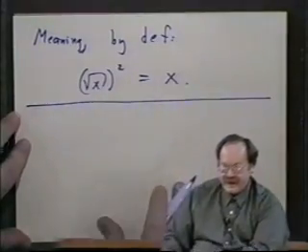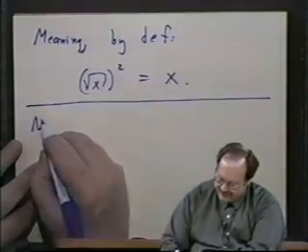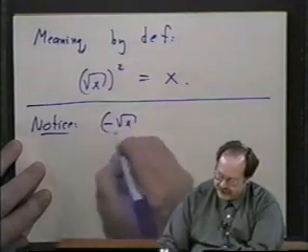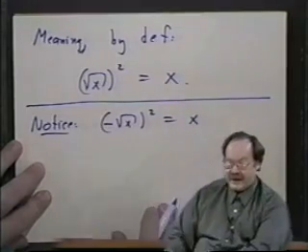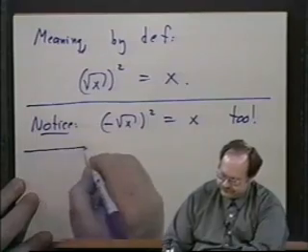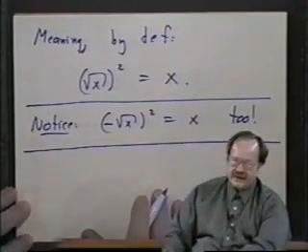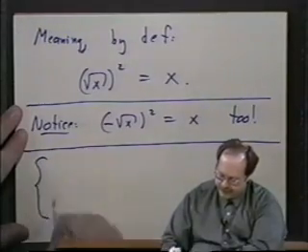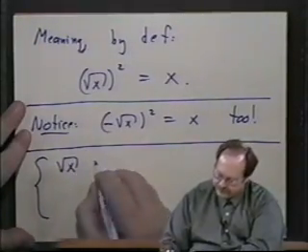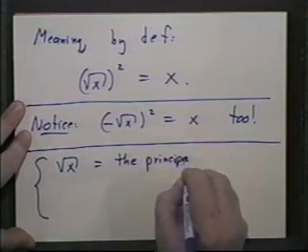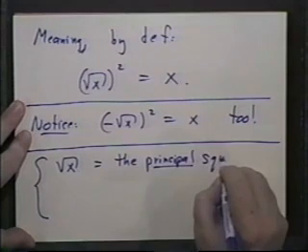Now, let me notice something else while we're here. Notice that if you take minus square root of x and you square it, you also get x. So that happens too. That's why the other one was called the principal square root. So let me summarize. The square root of x is the principal square root.